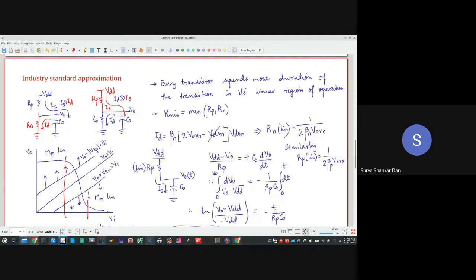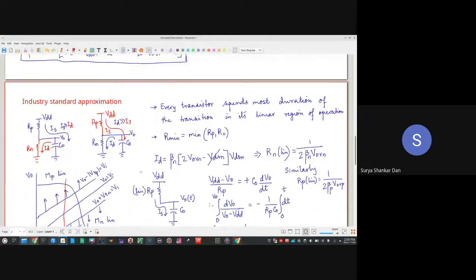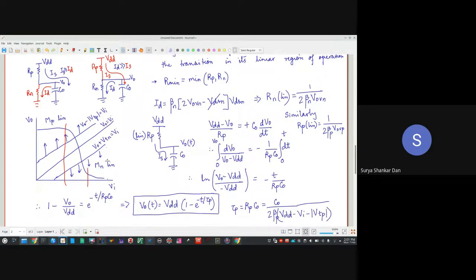After doing 2 or 3 lectures on this, whatever we have got for rise time and fall time calculations, industry has done it using this small thing.